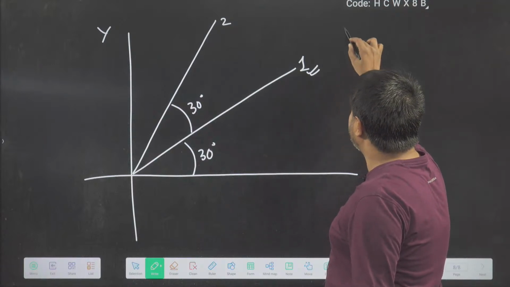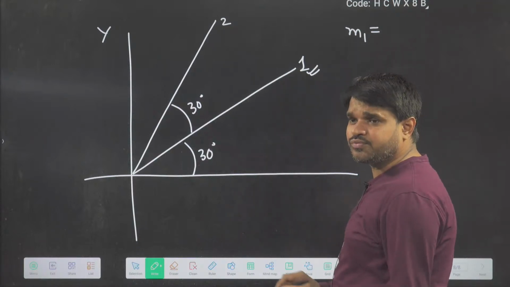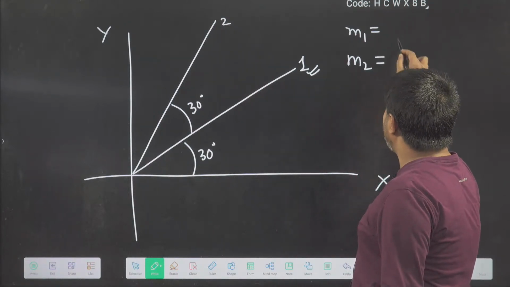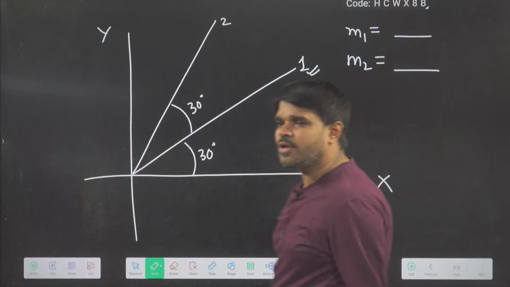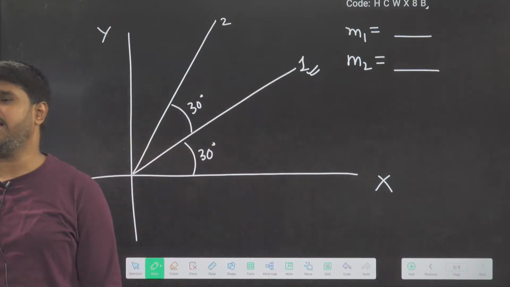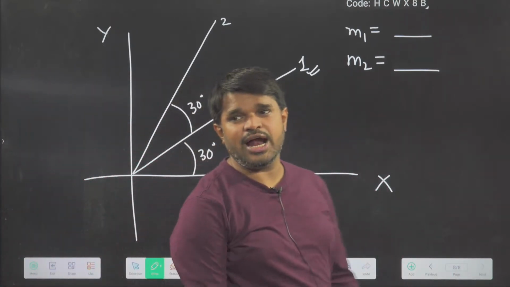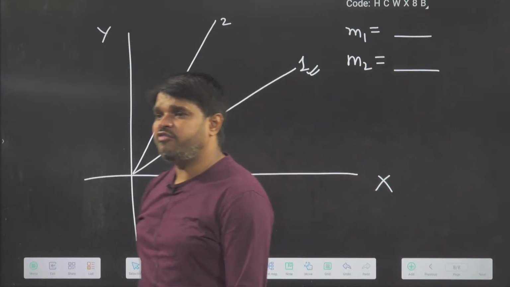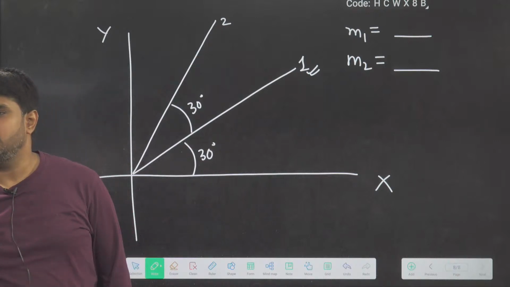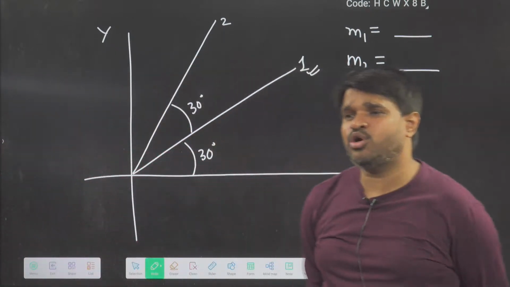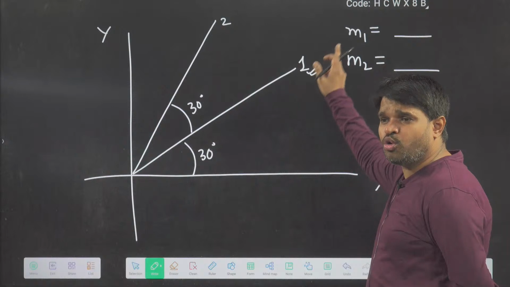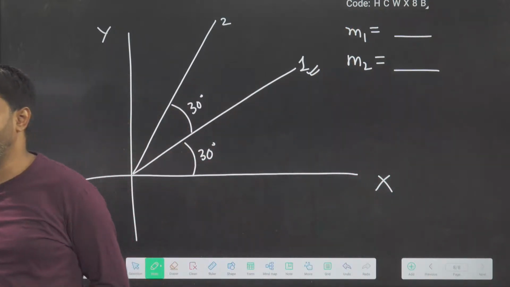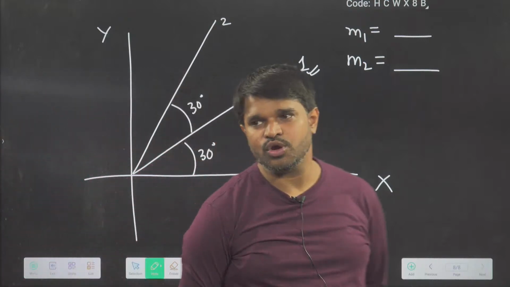For line number 1, the slope is M1, and for line number 2, the slope is M2. Find both M1 and M2.